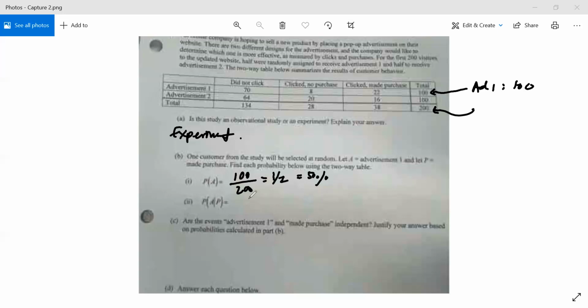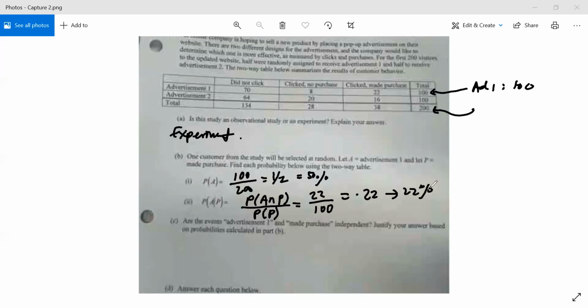So I'll write it like this: the probability of A intersection P divided by the probability of P, which is advertisement 1 and purchase. That's just going to be 22 divided by the purchase, which is 100 here, and that will be 0.22. So that's 22%.